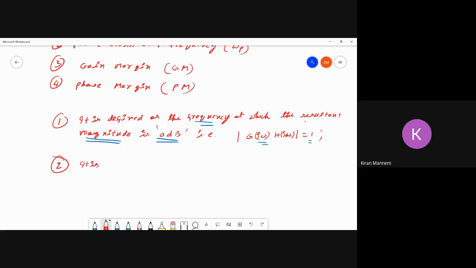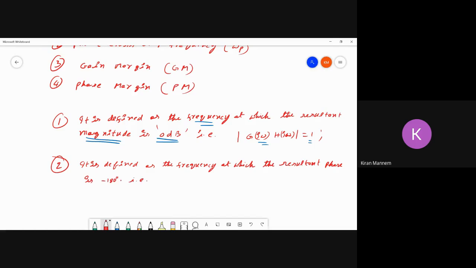It is defined as the frequency at which the resultant phase is minus 180 degrees.